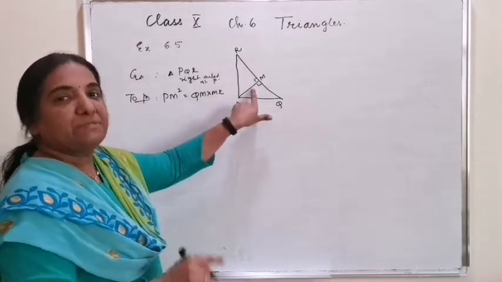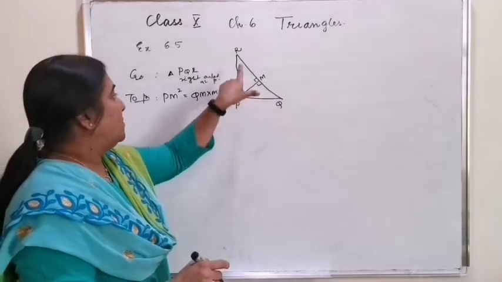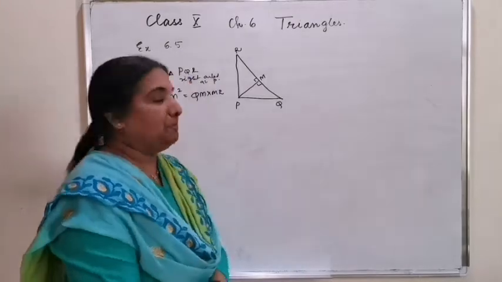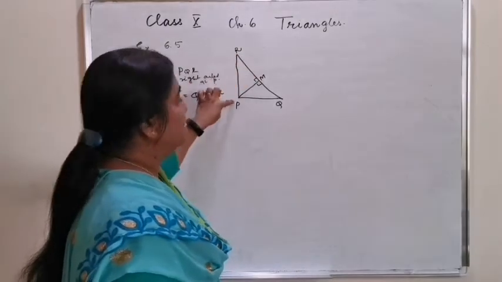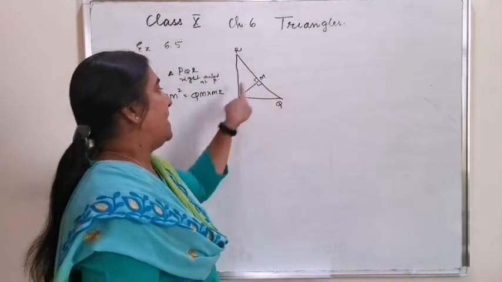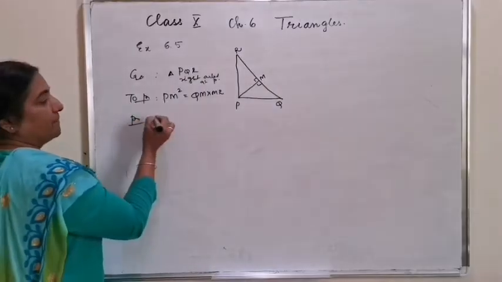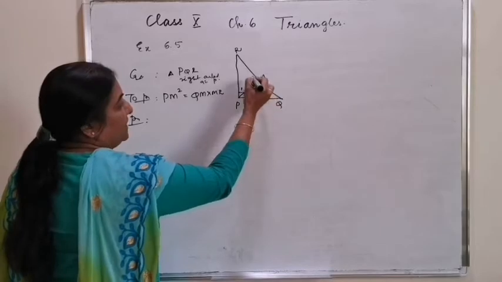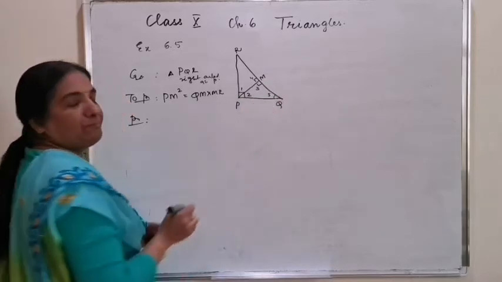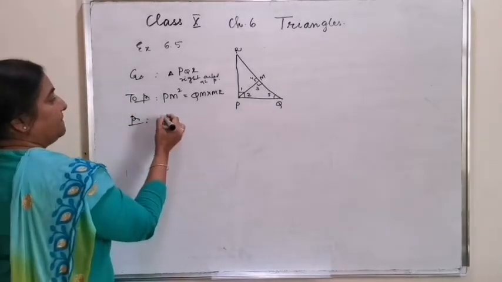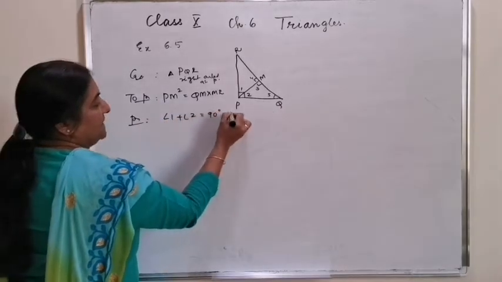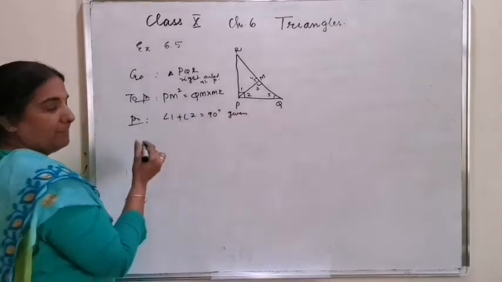PM square means PM into PM, QM and MR, which shows that you have to prove triangle RMP similar to triangle QMP. The proof, divide this as 1, 2, 3, 4, 5. The same proof will be repeated. Angle 1 plus angle 2 is equal to 90 degrees. It is given.